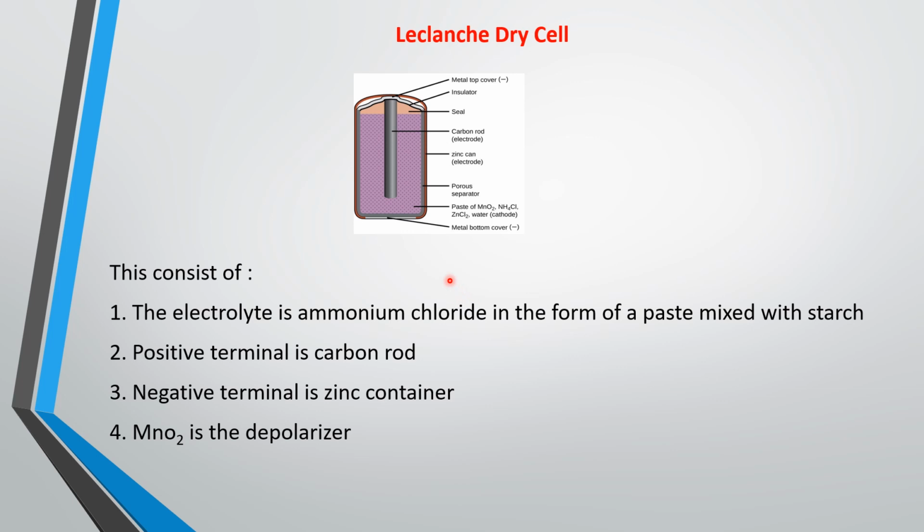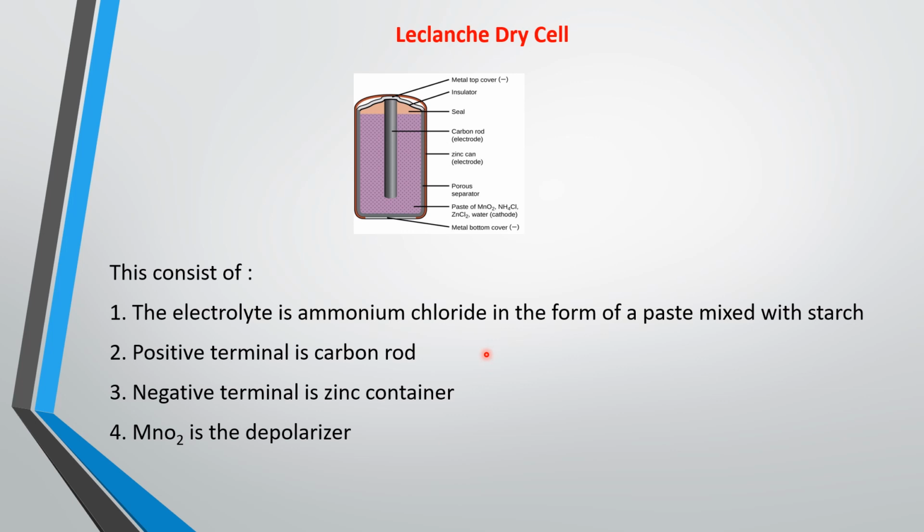In that battery, the top has a carbon rod, which is the positive part of it. Then the negative terminal is the zinc container. The manganese dioxide is the depolarizer for this particular cell.